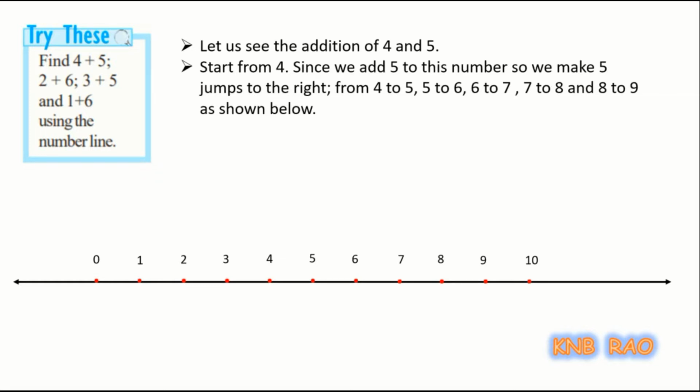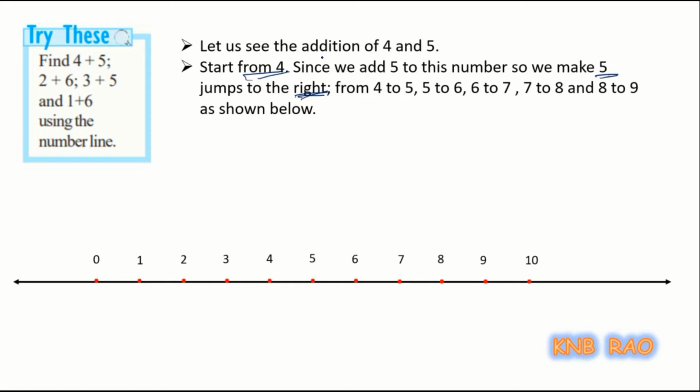So we will make jumps of 5 in number towards right. Very important here, towards right. How many jumps? Towards right. From where to start? These are the 3 important things while doing addition one should understand.